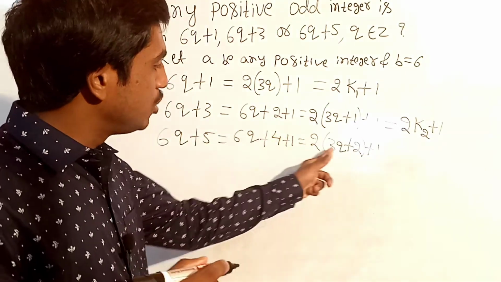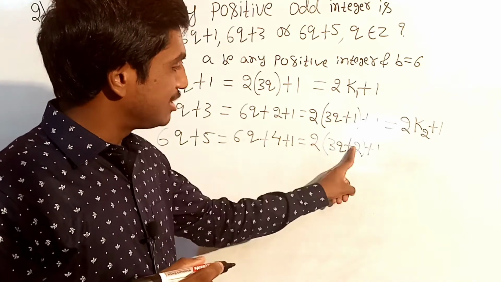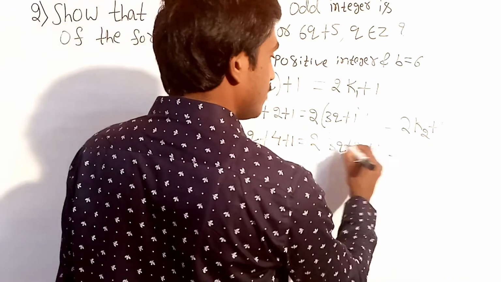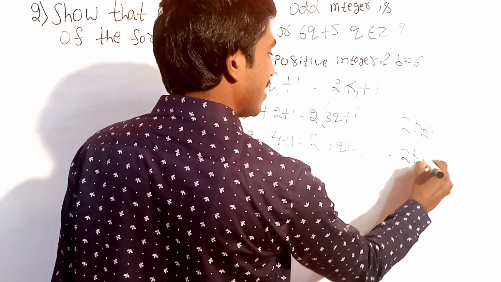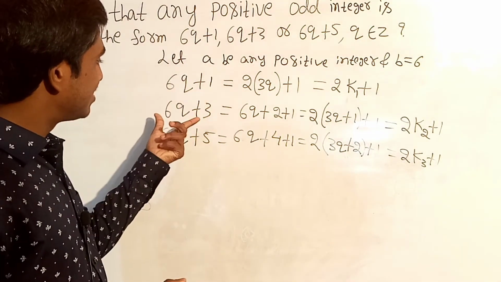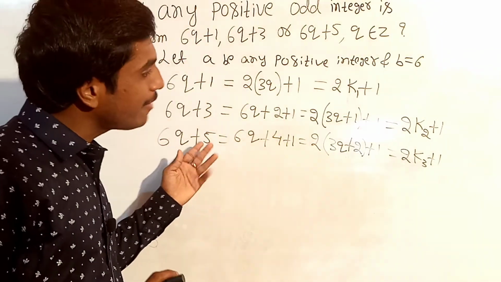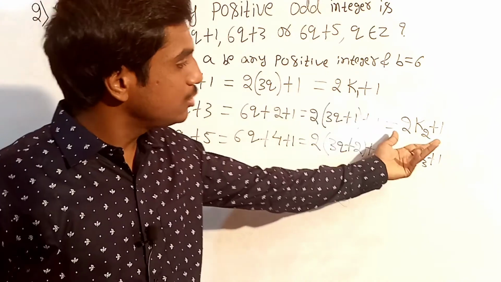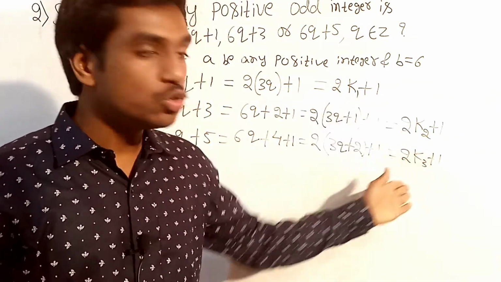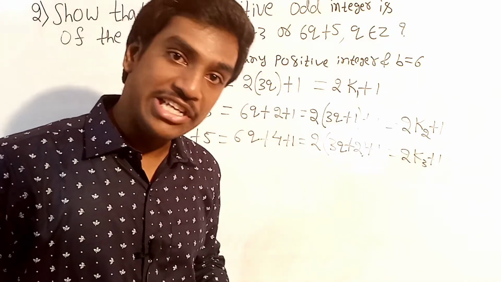That is 2 into 3q is 6q, plus 2 into 2 is 4, plus 1. Here also it is 2k3 plus 1. Now we have expressed 6q plus 1, 6q plus 3 and 6q plus 5 as 2k1 plus 1, 2k2 plus 1, 2k3 plus 1, where k1, k2 and k3 are some integers.